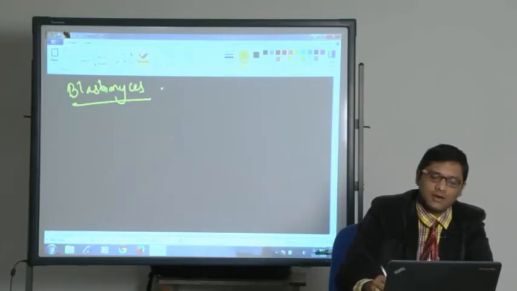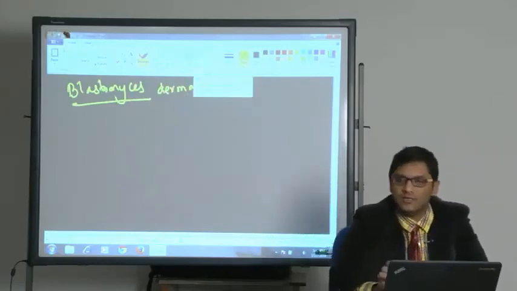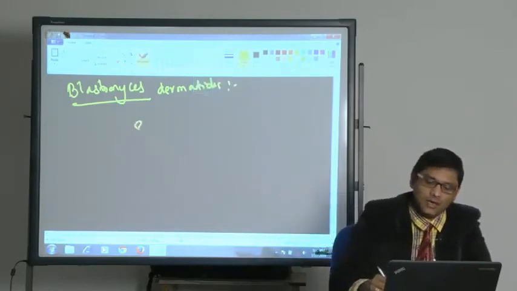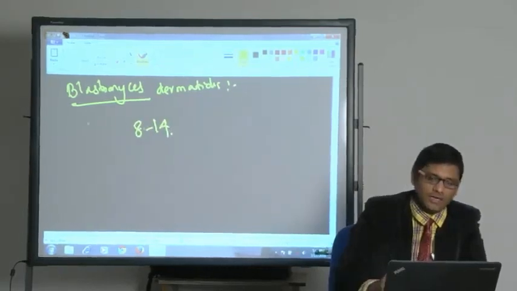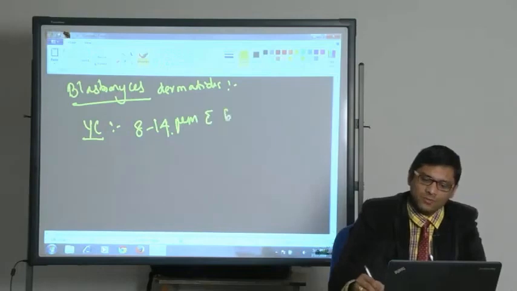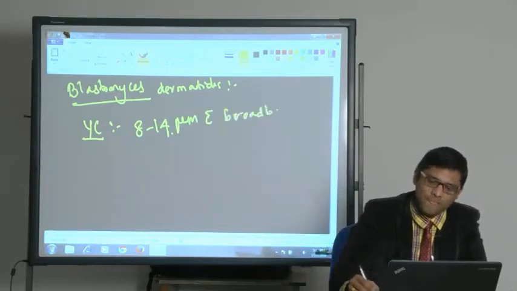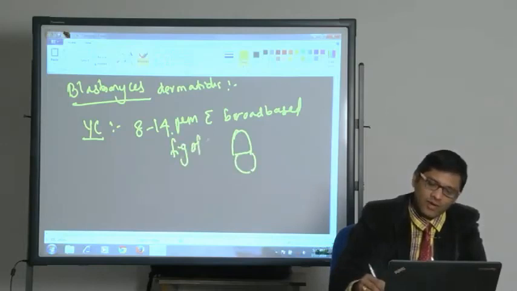Blastomyces dermatitidis. Here in Histoplasma, the yeast form is a 2 to 4 micron yeast cell with narrow base budding. Here the yeast form is described as an 8 to 14 micron yeast cell with broad base budding, which is described as figure of 8 appearance.